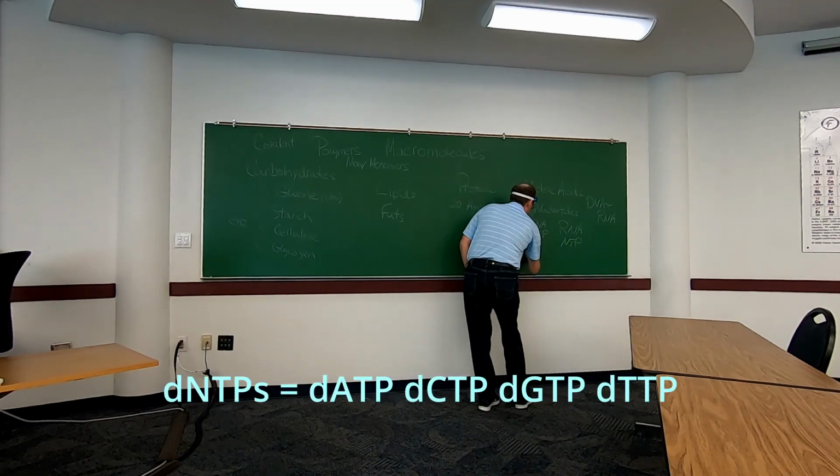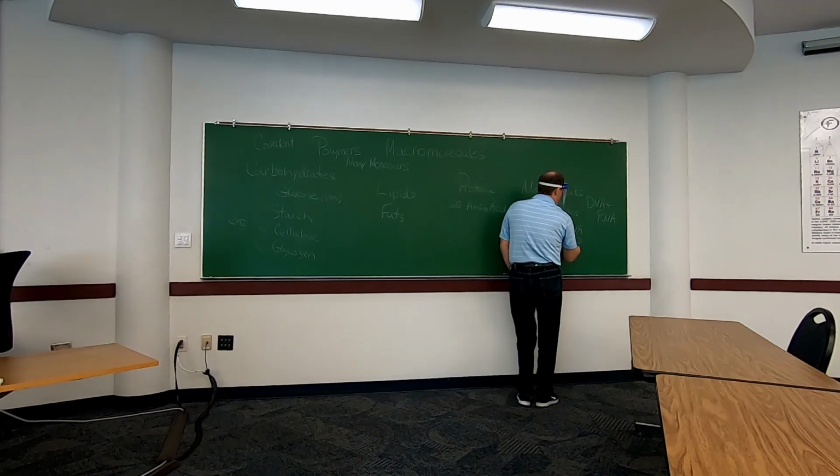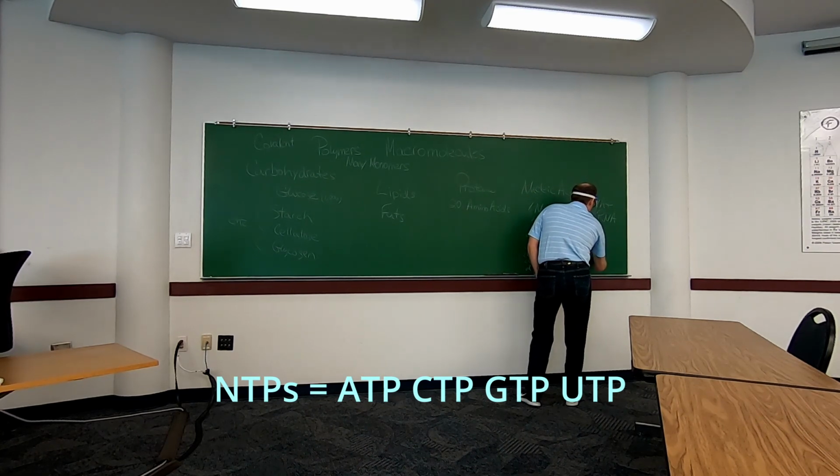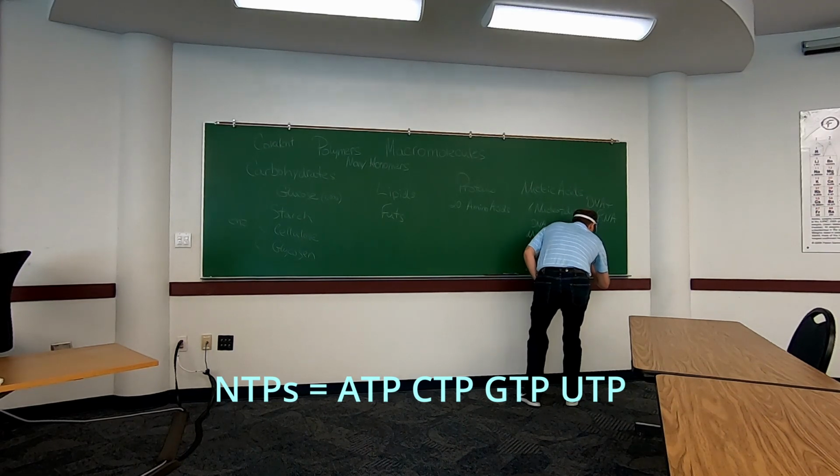So little d ATP, little d CTP, little d GTP, little d TTP. And then for these, you have just ATP, CTP, GTP, and UTP.